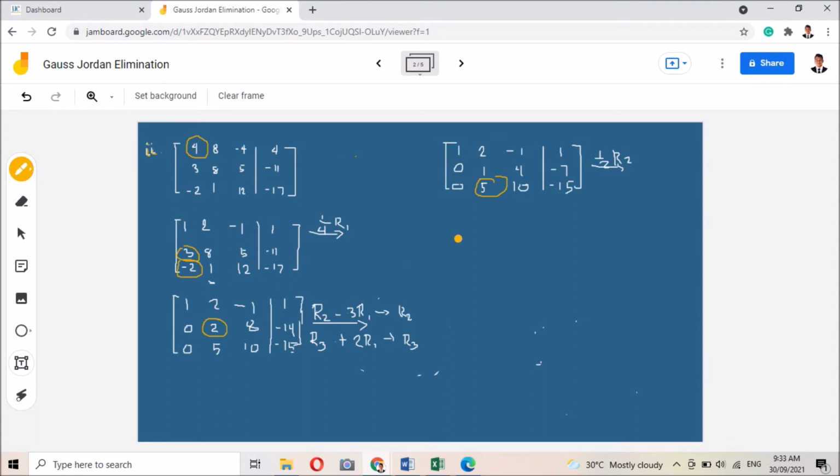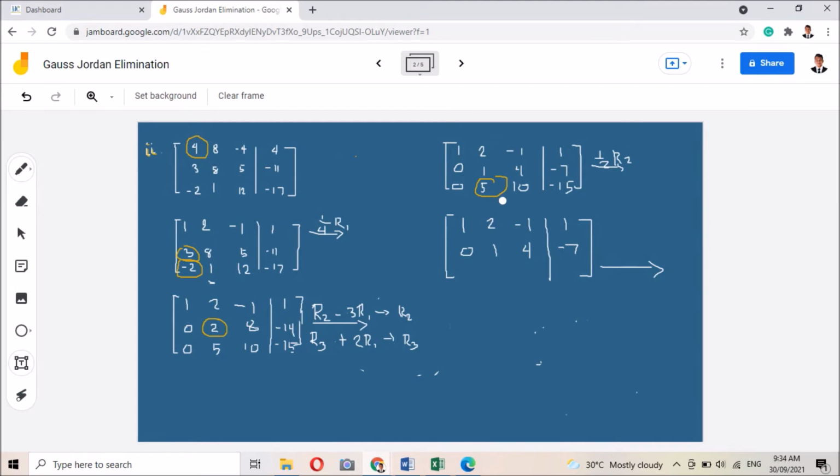To do that, we'll make another elementary row operation. For row 1 and row 2, we'll just copy, and for row 3, we'll make an elementary row operation to make this into 0.